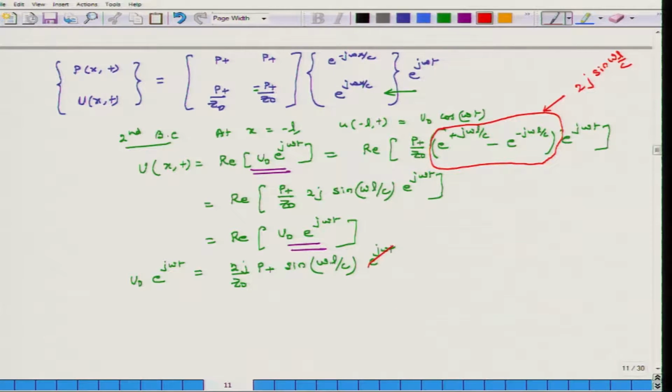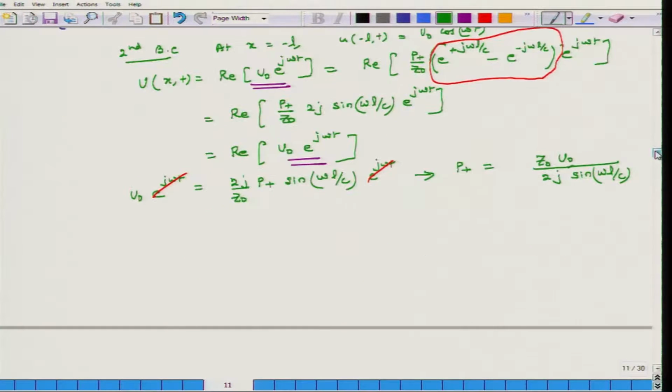So, e to the power of j omega t goes away from both sides, and I am left with P plus is equal to Z naught u naught by 2 j sin omega L over c. Okay. So, that is my P plus.